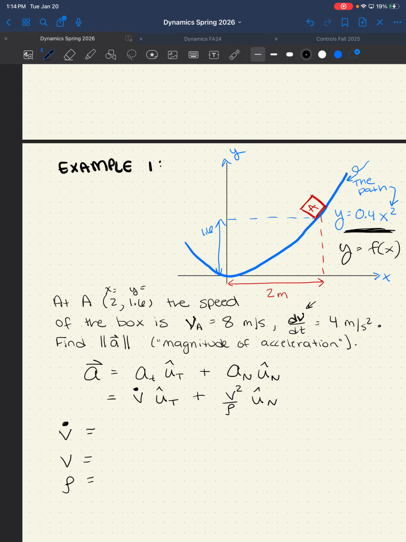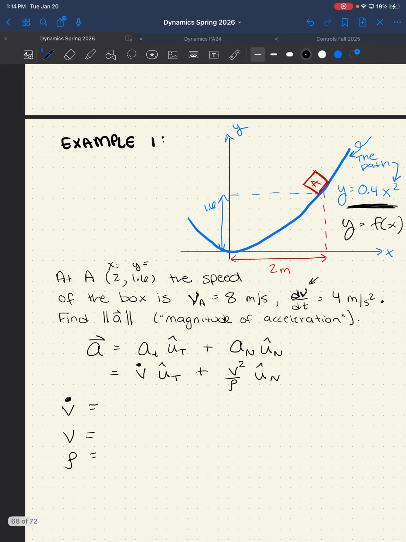Interesting. Notice that the slope still depends on x. But we really only care about one particular x value, right? What x value is it asking us about? Yeah, x equals 2. Okay, so we'll go ahead and plug in x equals 2.